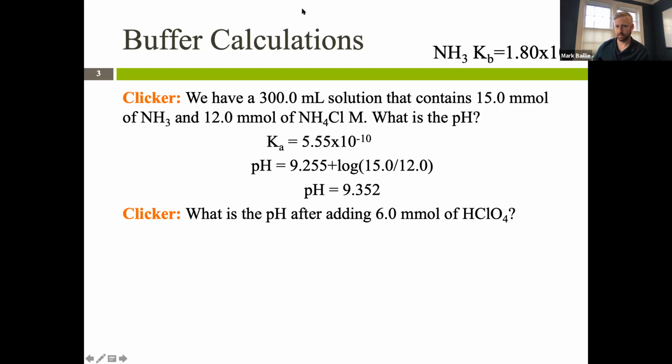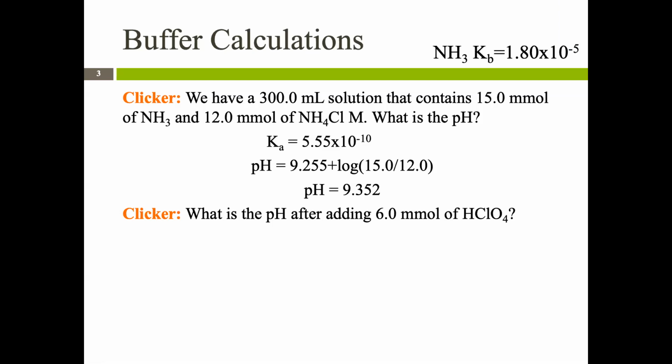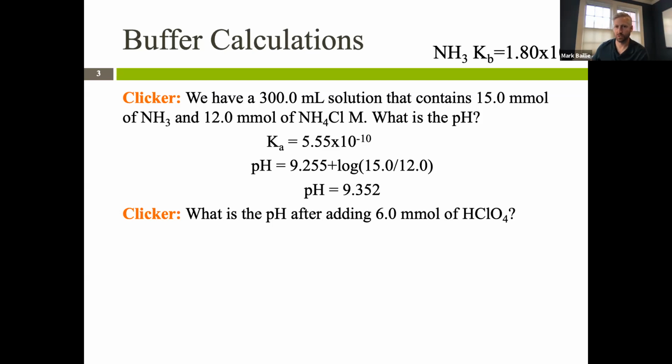Where's my participants window? Oh, it's behind everything. Okay, if you could click a thumbs up or thumbs down in that window, that'll give me the opportunity to see whether most people are comfortable or not.